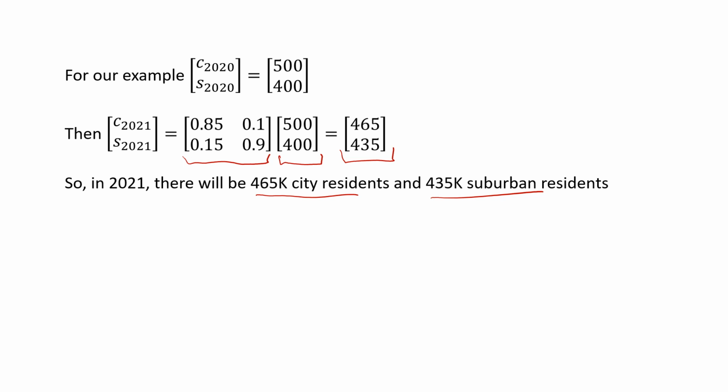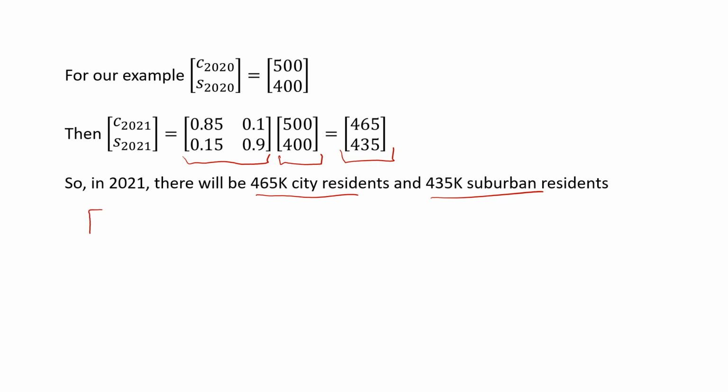But now remember our problem had two questions. It said, what's it going to be in 2021? It also said, if we know what it is in 2020, what was it in 2019? What was the previous population? Well, we can also figure this out.